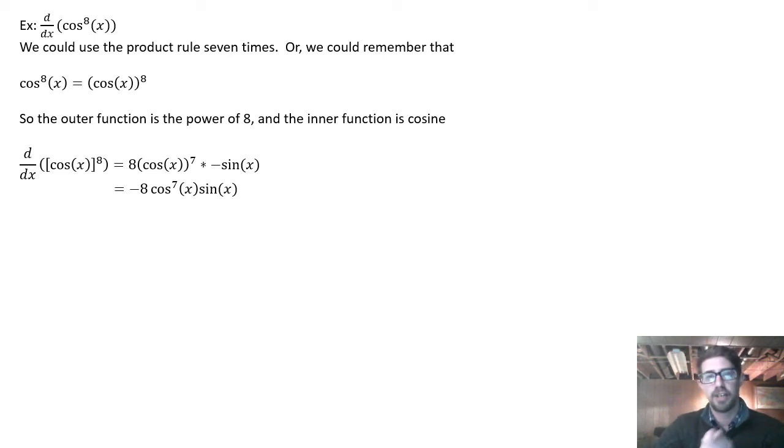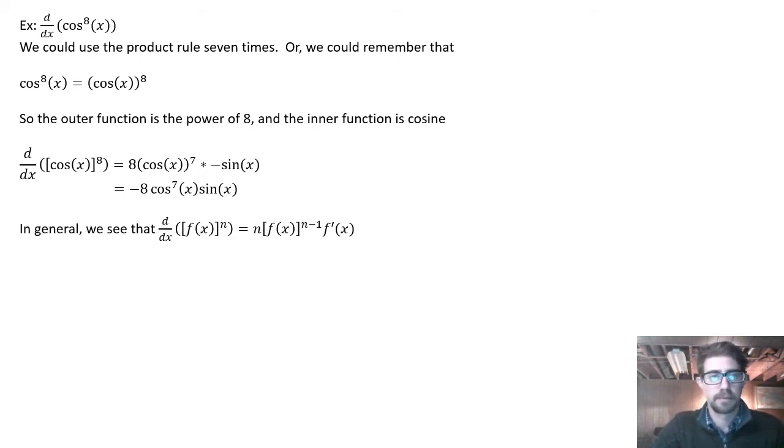The more complicated a function is, like something like cosine to a big power, the more stuff is going on in its derivative. It's cosine to a big power and then times sine times negative 8. So it's just another specific case of the chain rule. This isn't a new formula that you have to know or anything.